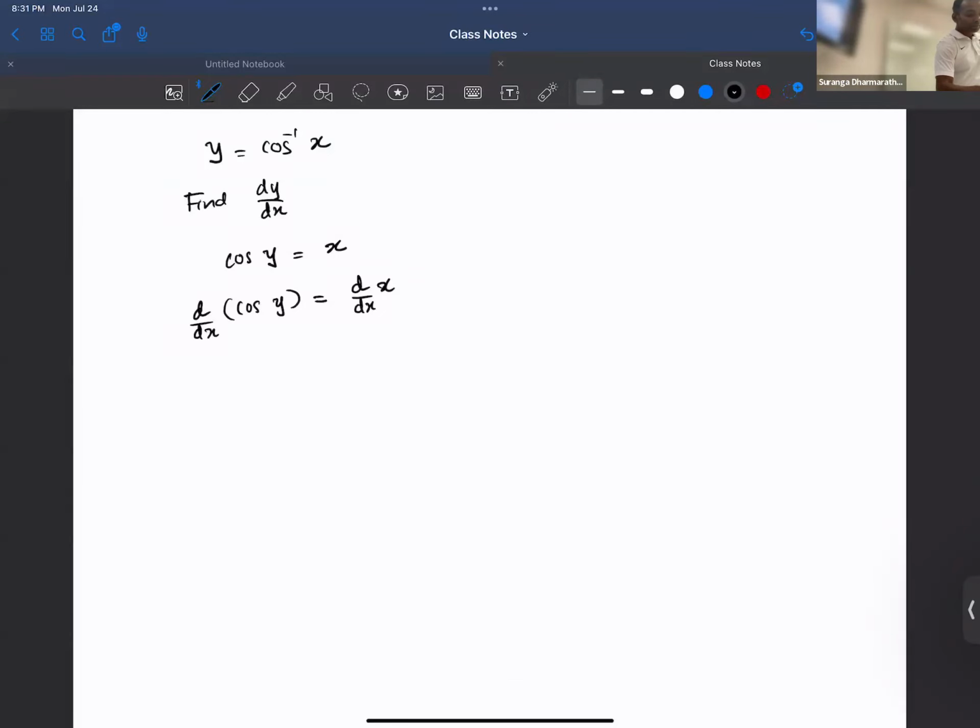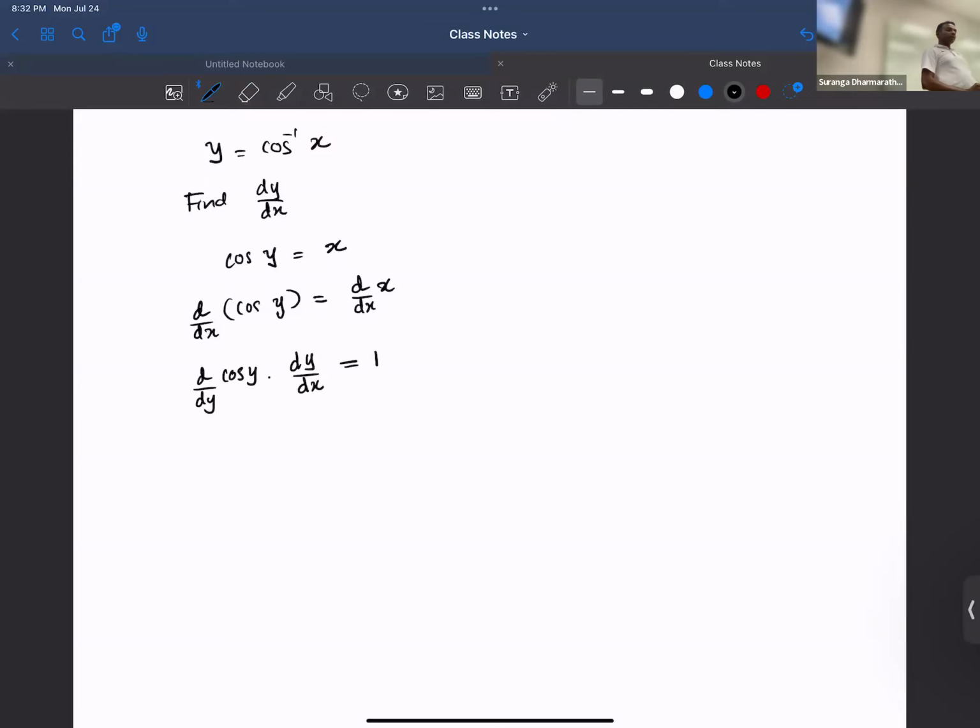What you can do is d over dy of cosine y times dy over dx equals 1.